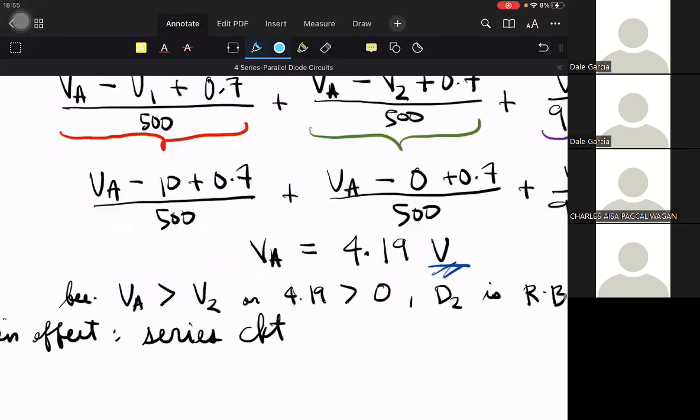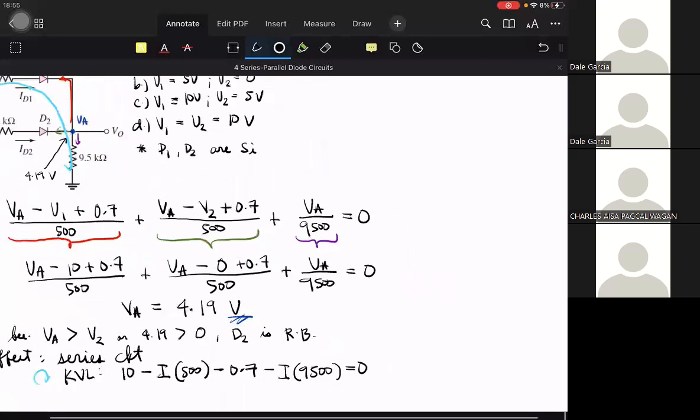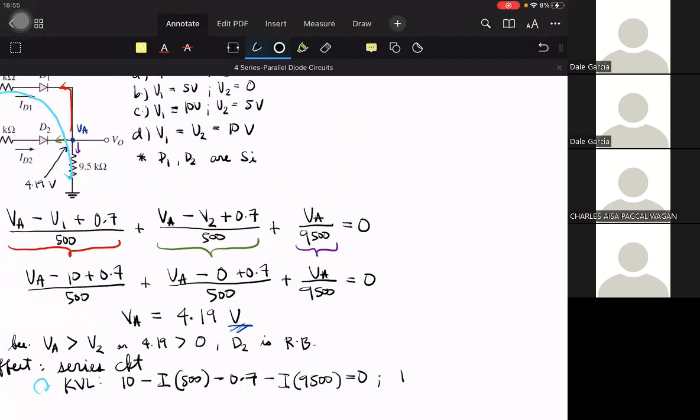In that direction, we do a KVL equation. So 10 minus current times 500 minus 0.7 minus same current, because series naman siya, times 9,500 is equal to 0. Therefore, current is equal to... shift solve.